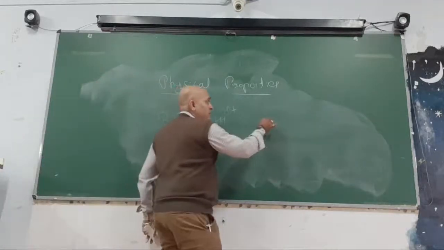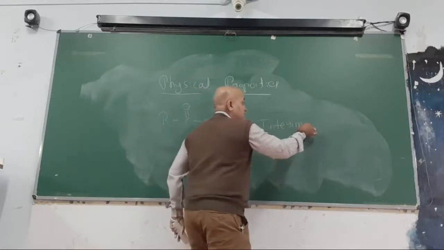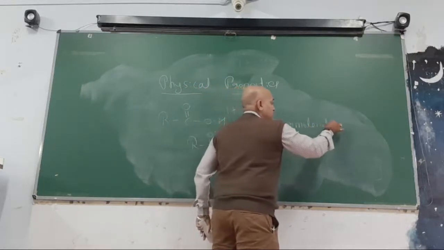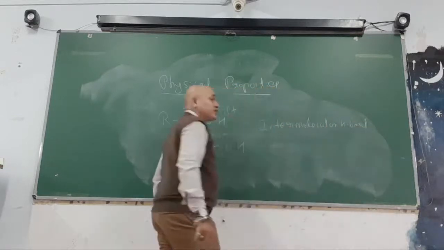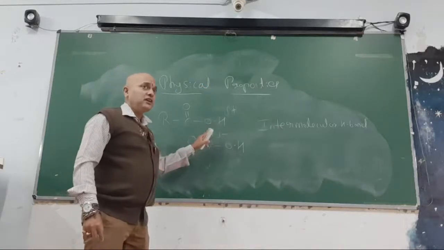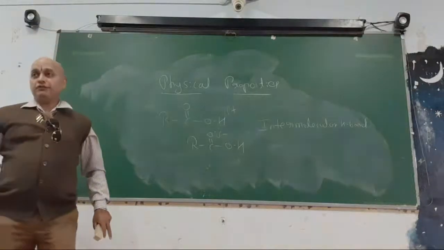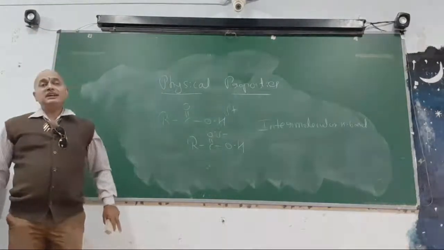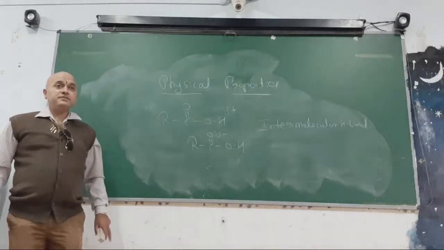So this type of hydrogen bond is called intermolecular hydrogen bond, where this oxygen is going to interact with the hydrogen, delta negative, delta positive. That can be one of the interactions.